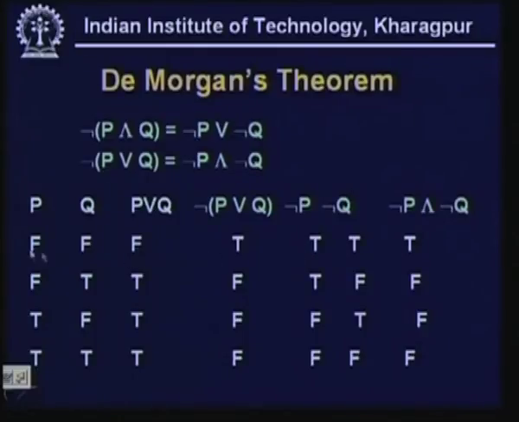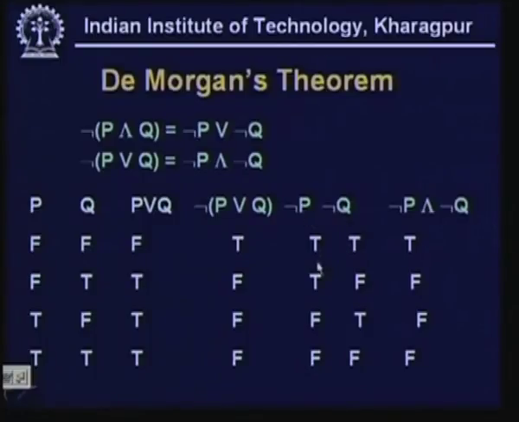So, if we just write down the truth table to prove this, P and Q will have these combinations again. So, P or Q will have this value, not of P or Q will be the complement: true becomes false, true becomes false. Now, we look at the right hand side, not P. Here P was false and not P is true, Q was false, so not Q is true.